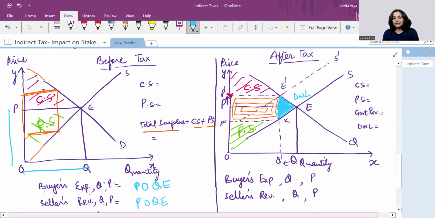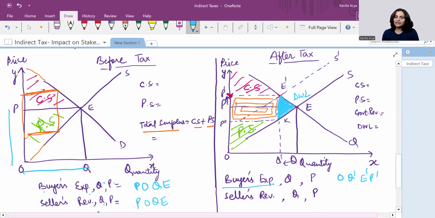Buyer's expenditure is the bigger box, that is O, Q dash, E dash, and P dash, right? This is the buyer's expenditure, the whole big box, and this is divided into two parts.